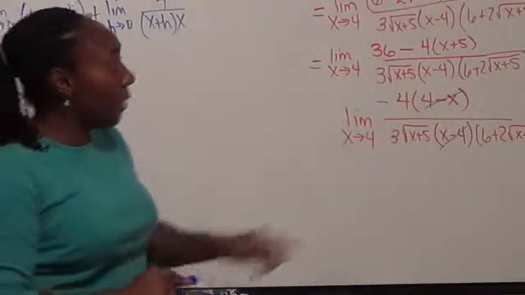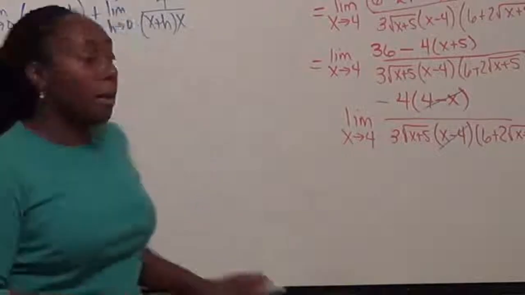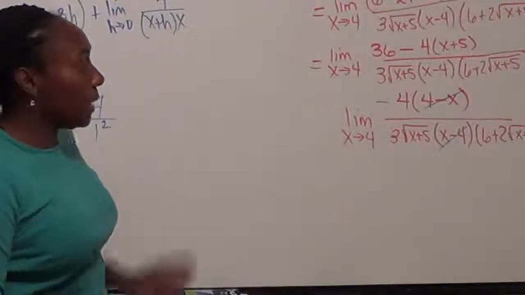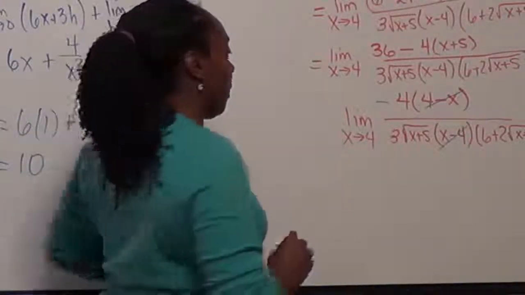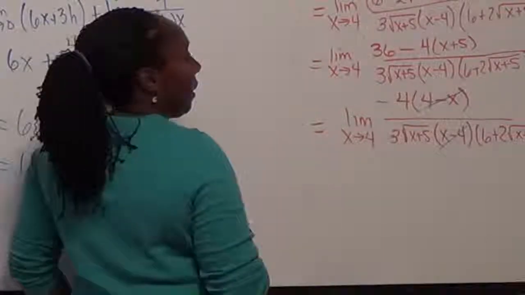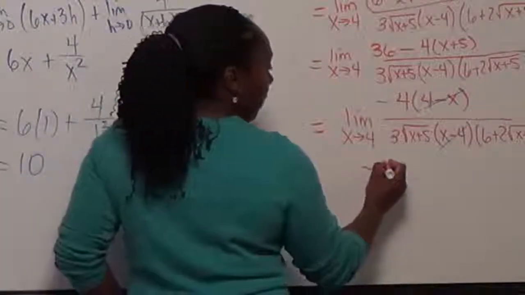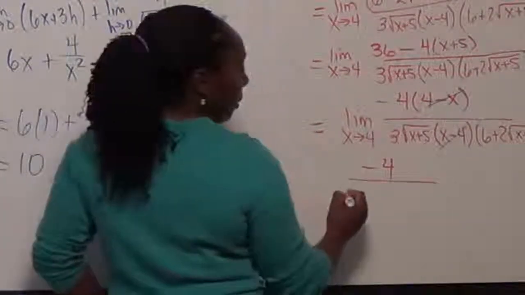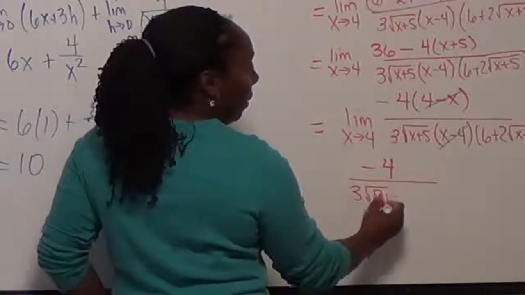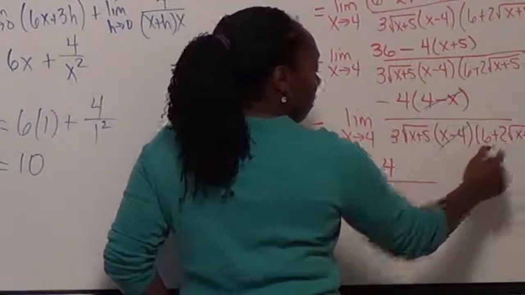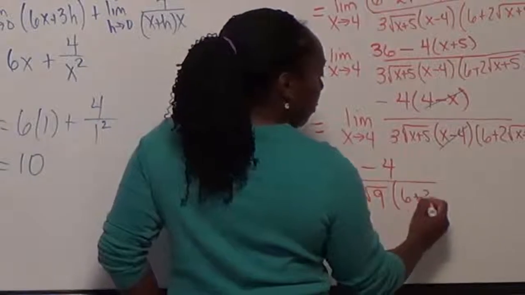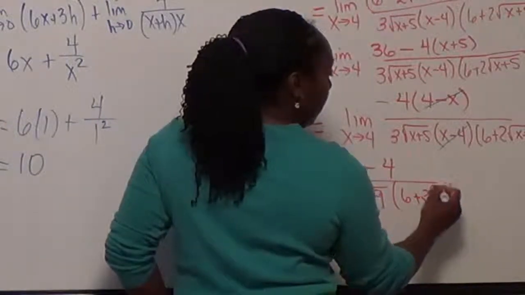Which means now I can actually plug in that 4, because I no longer have a place in the denominator that's going to go to 0. So if I plug in that 4, it looks like a negative 4 over 3 times the square root of 9. That term is gone. A 6 plus 2 times the square root of 9.